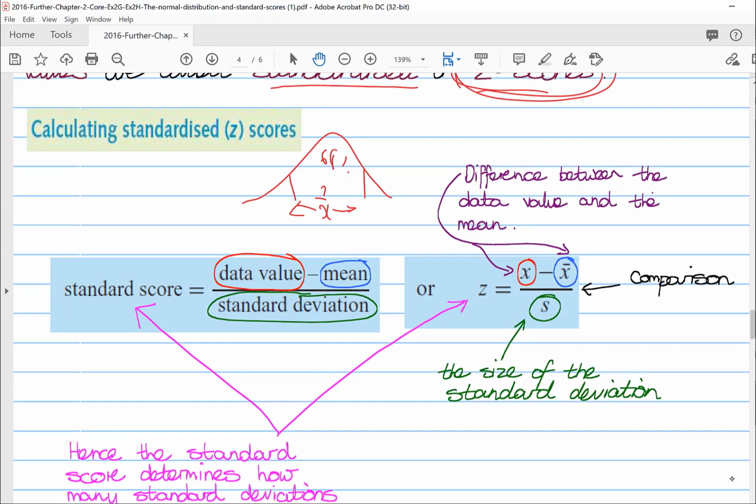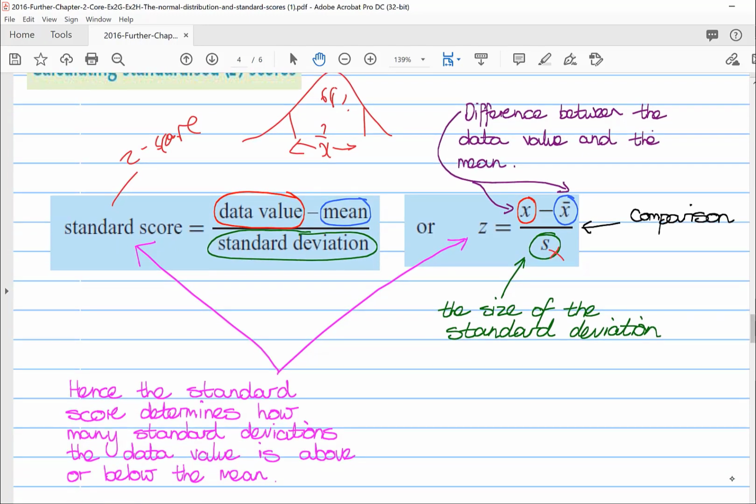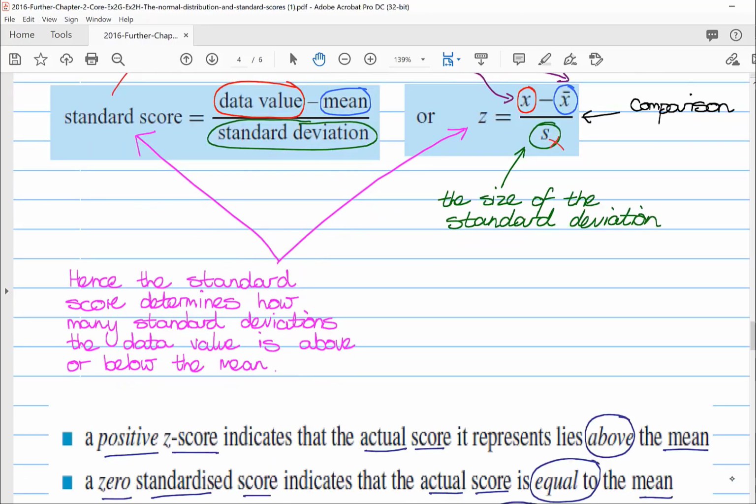Your Z score is equal to your actual data value minus the average divided by the standard deviation. In notation, we use Z equals X, for your actual, minus the average, divided by SX, which is your standard deviation that they give you. So make sure you have this formula with you in order to answer the questions.